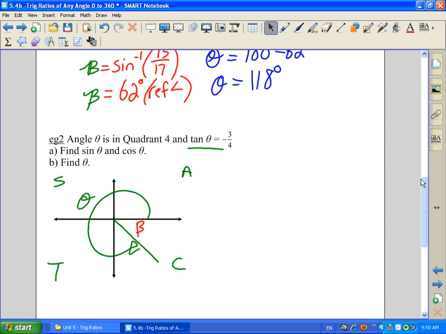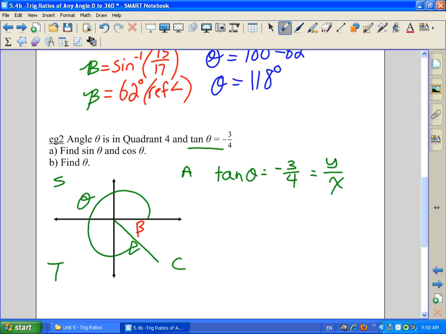All right. So what you need to realize, folks, is that with this question, they have given you tan theta equals negative 3 over 4. If we apply it to the ratio we've learned, we should know that that is y over x, according to the formula, which is the opposite side over the adjacent side.